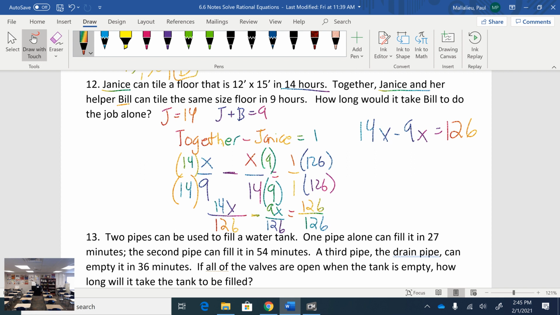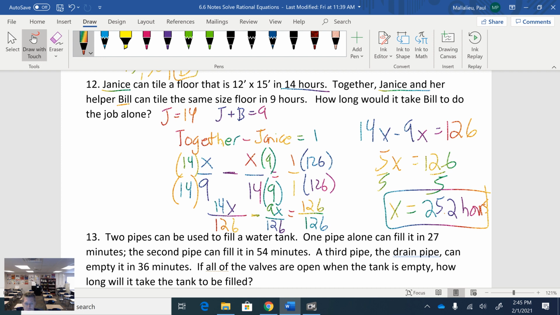That leaves us with 5x equals 126, divide by 5, divide by 5. So x equals close to 25, so 25.2 hours would be Bill. So Bill's slacking a little bit in comparison to Janice.